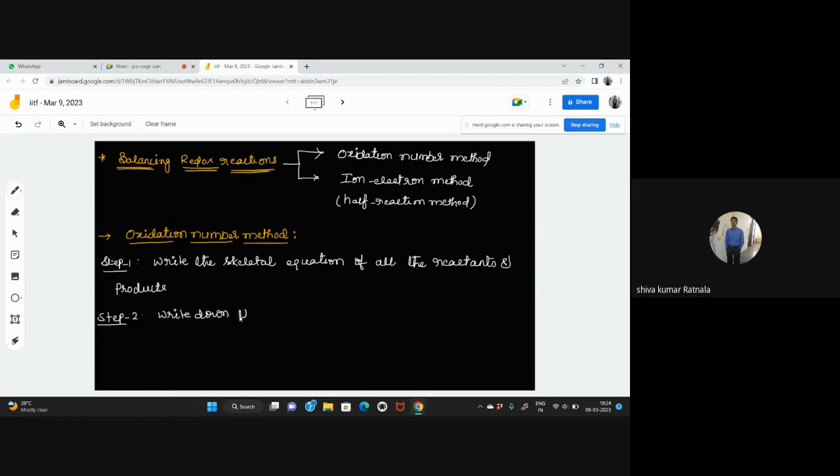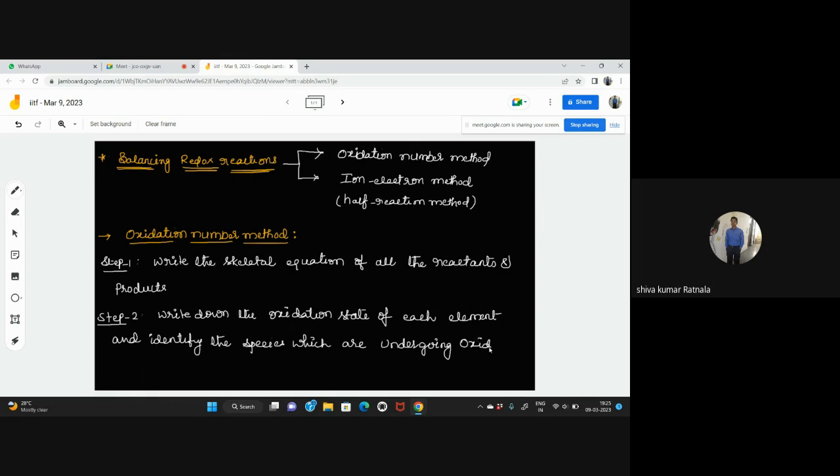Write down the oxidation state of each element and identify the species which are undergoing oxidation and reduction.